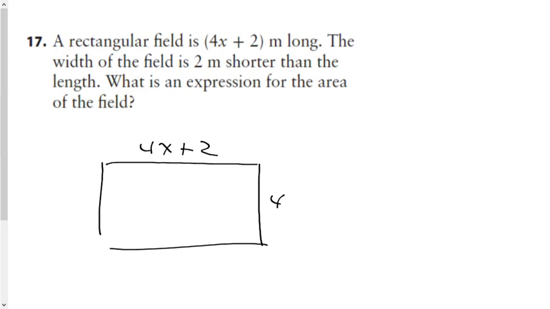So it's going to be the length minus 2. Agreed? What is an expression for the area of the field? Well, if it's 2 meters shorter, that's the length. Therefore, 4x multiplied by 4x plus 2 would be the length and the width, or 16x squared plus 8x is the area of the field.